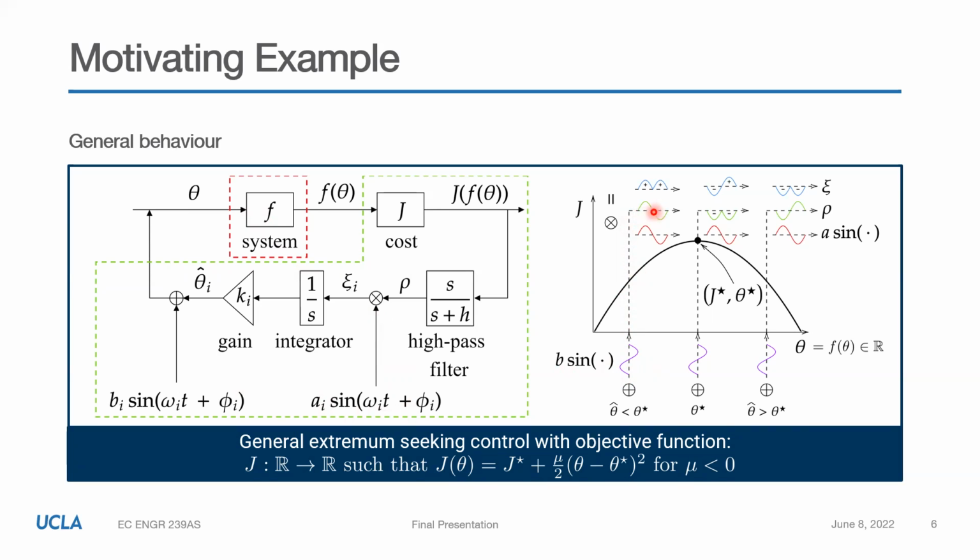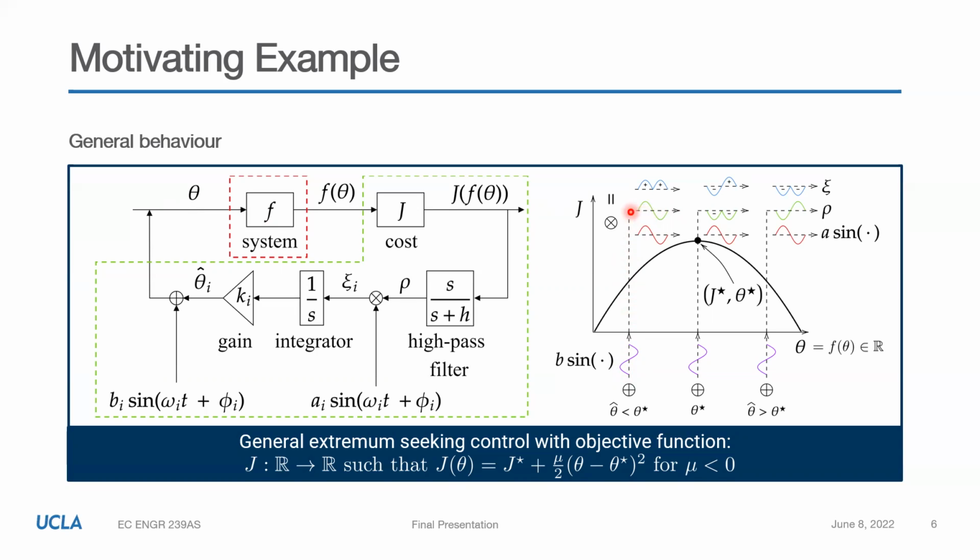The value of rho is the high pass filtered equivalent of J. So again, as the additive signal B sign increases, J increases. As it decreases, J decreases. And this signal essentially represents J just with zero mean.